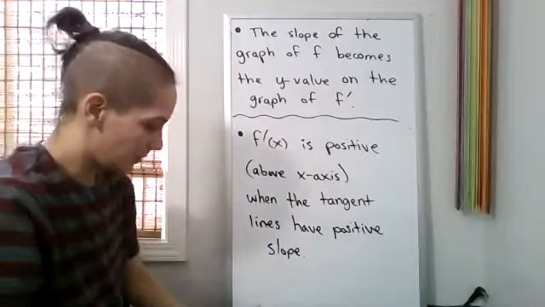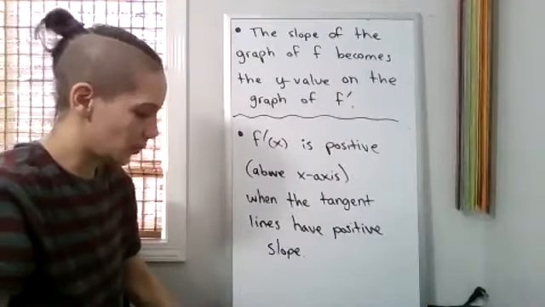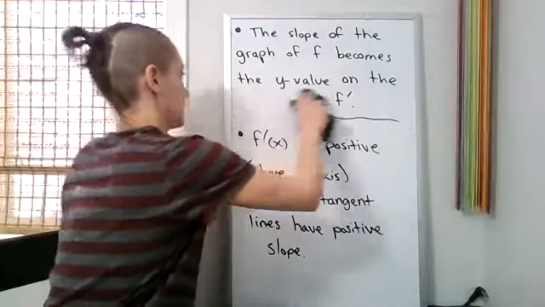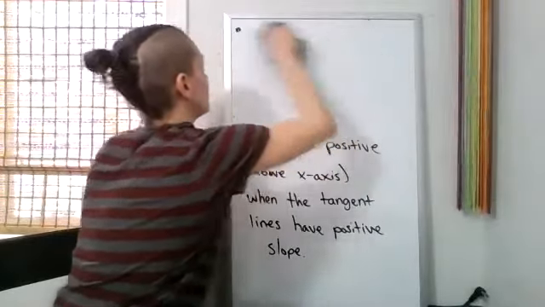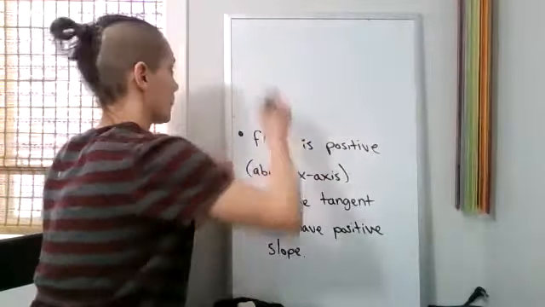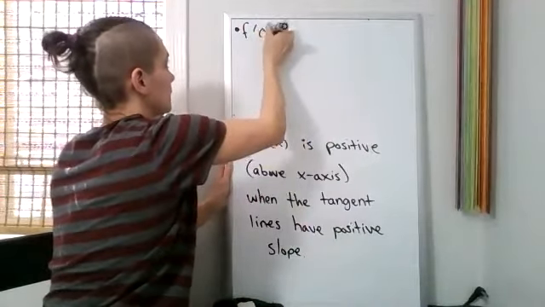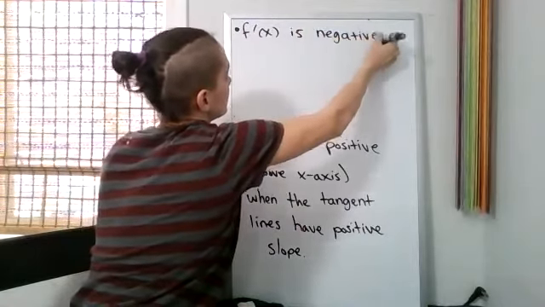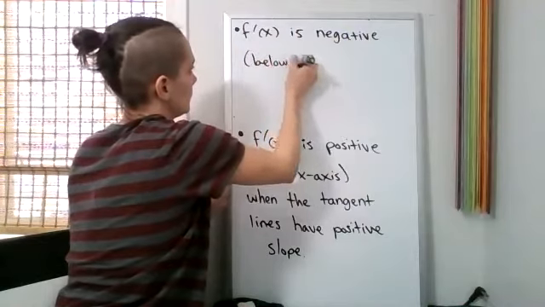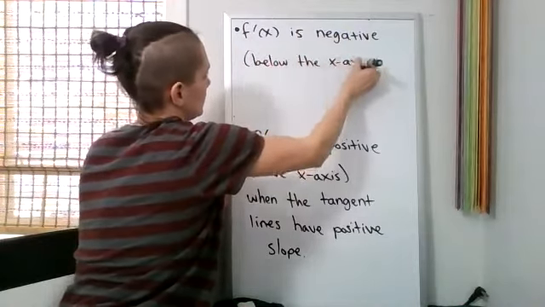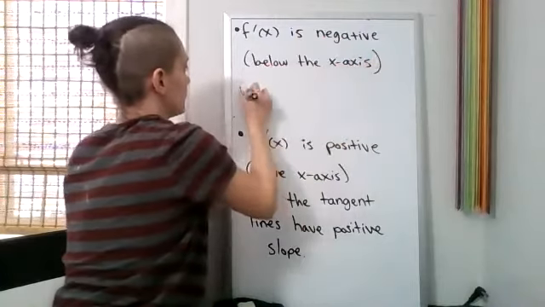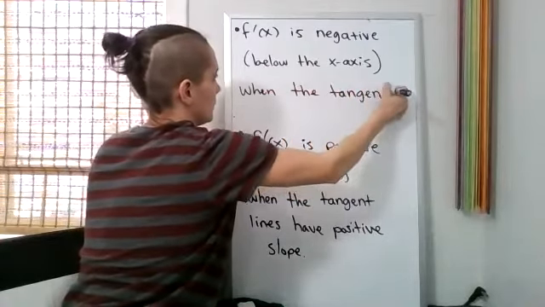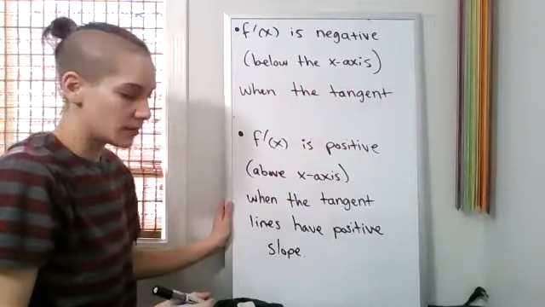F prime is negative, or below the x-axis, when the tangent lines have negative slope.